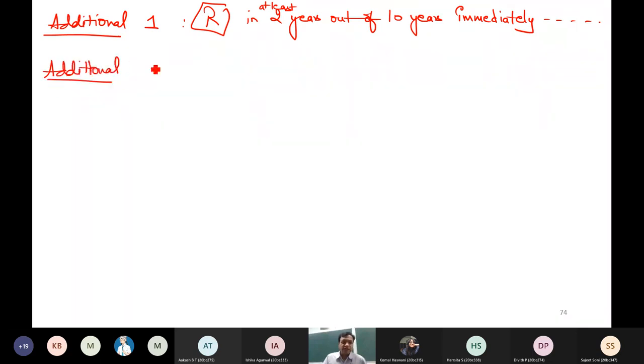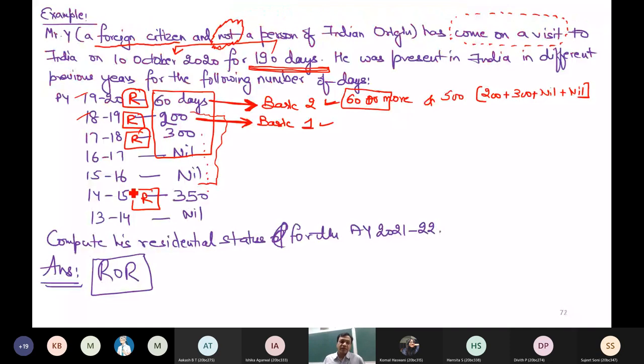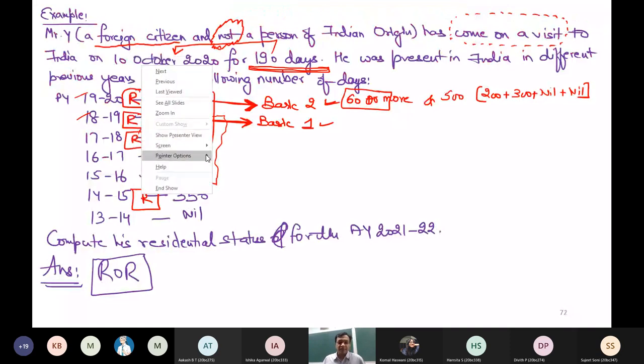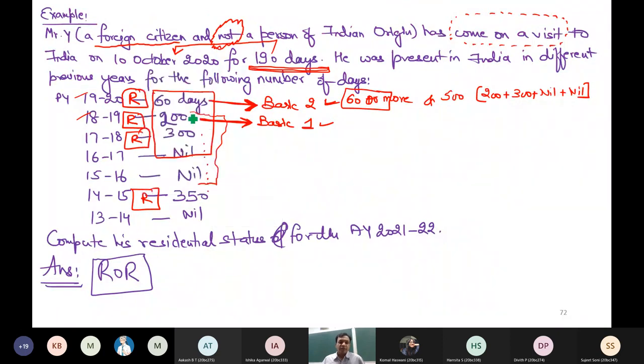Okay. Is additional 2 satisfied? Now this is the question. So now let us check the presence in 7 years. Ignoring your current year, which is 2021, the presence in 7 years is 60, 200, 300, nil, nil, 350, nil.